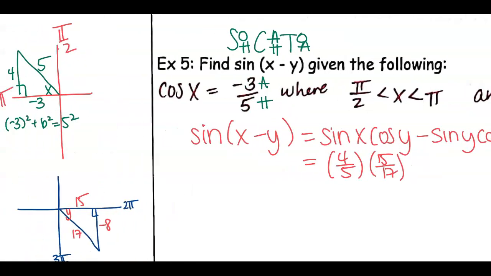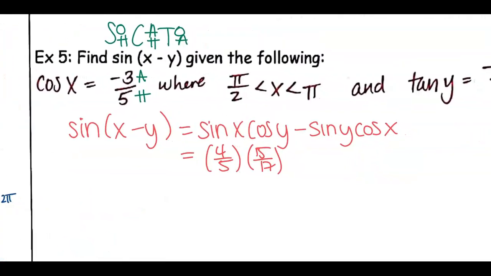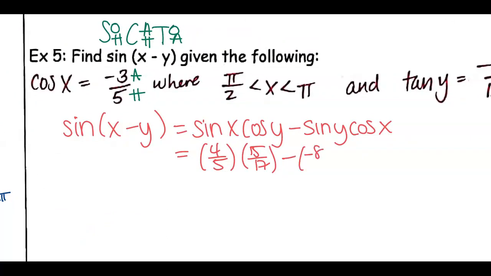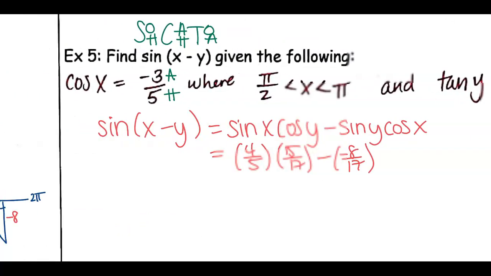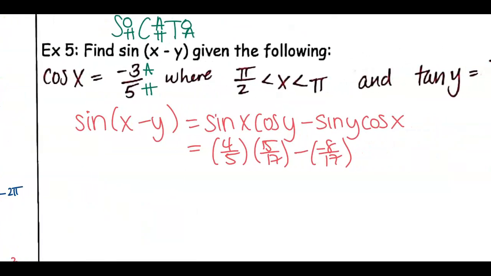For sine of y, let me look at the same triangle. Sine is opposite over the hypotenuse, so that's going to be negative 8 over 17. And then cosine of x is, again, the adjacent side over the hypotenuse, which is negative 3 over 5.